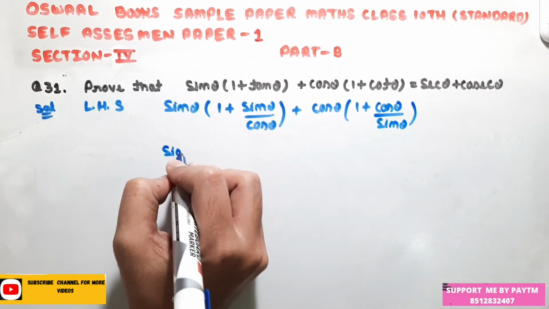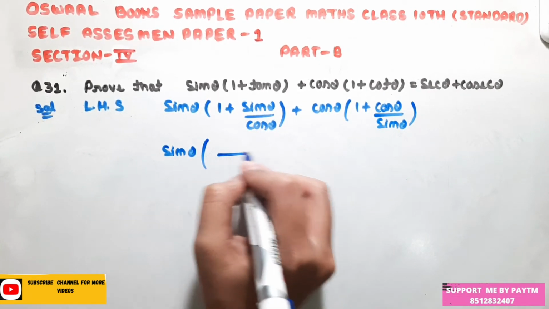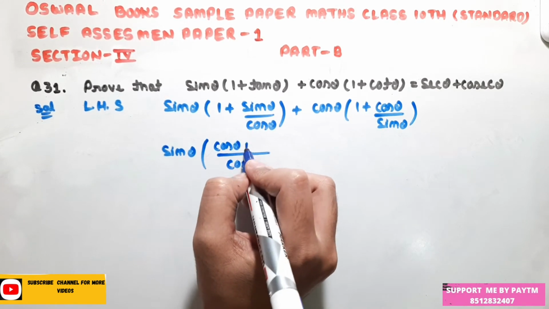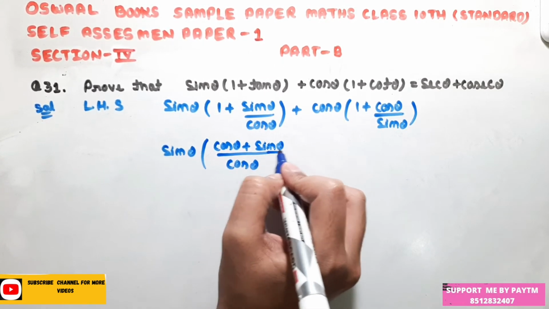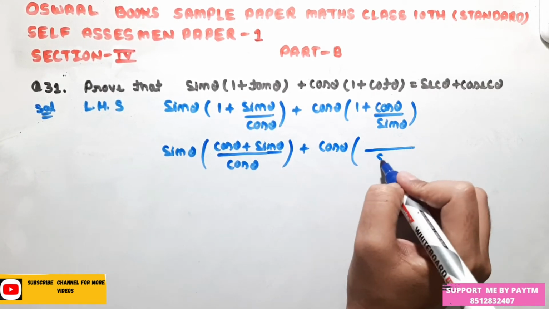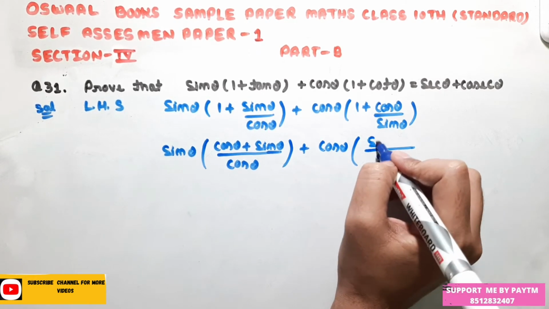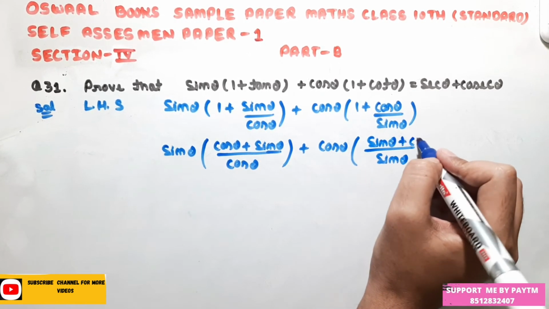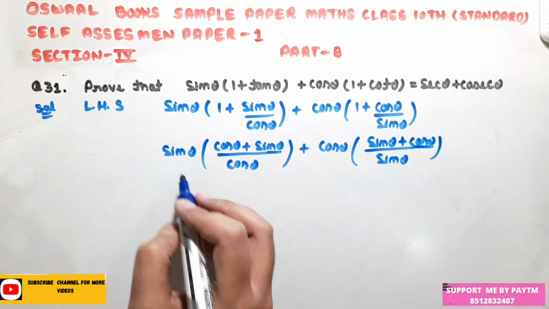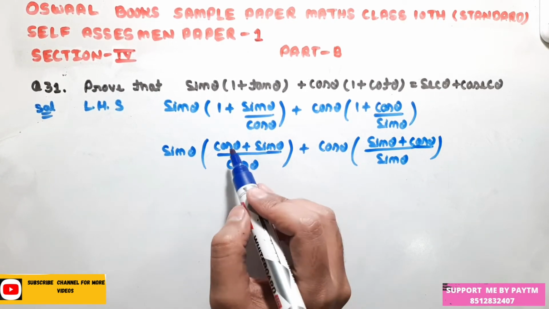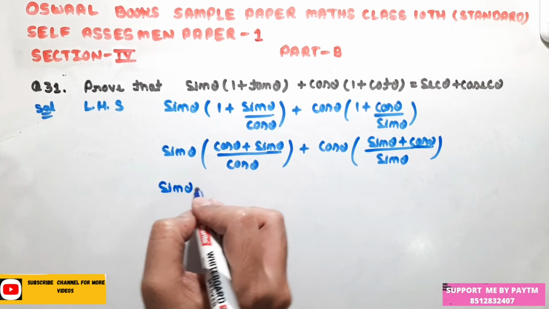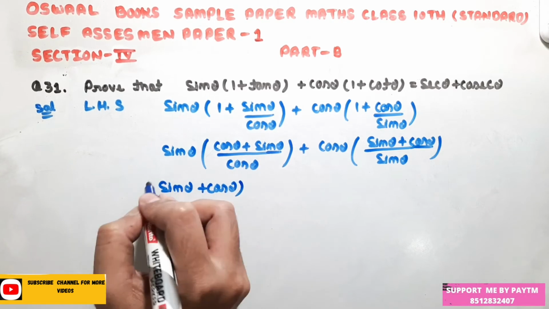From here, sin theta, here cos theta is the LCM, so (cos theta plus sin theta), plus cos theta, here sin theta is the LCM, so (sin theta plus cos theta). From these two terms, sin theta plus cos theta is common.